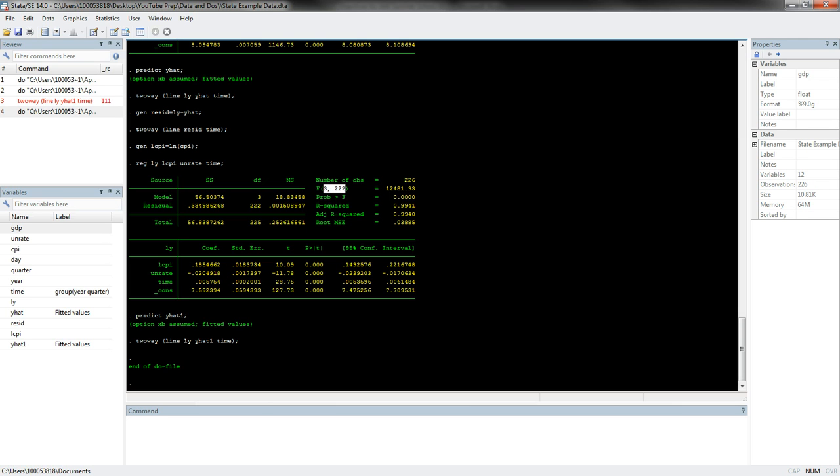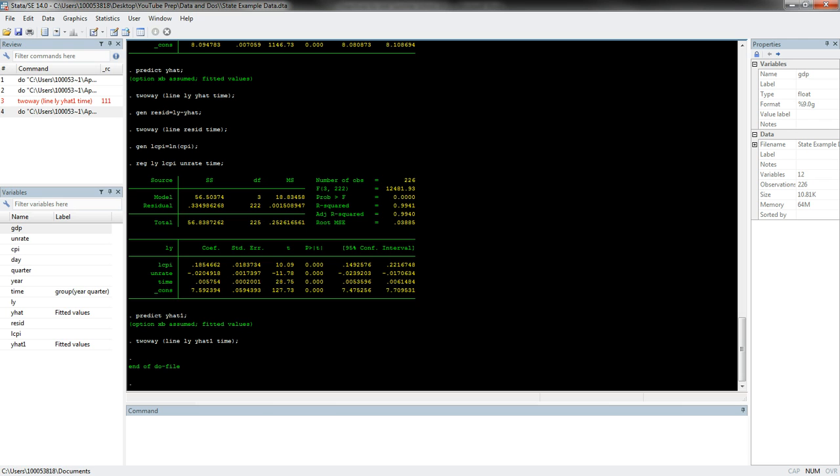But the next thing that we have is our f-test. We have three variables that we're explaining, or three coefficients: CPI, unemployment rate, and time. And then we have 226 minus 3 minus 1, which is 222 degrees of freedom. So we have an f-test with 222. And that's the value of that.